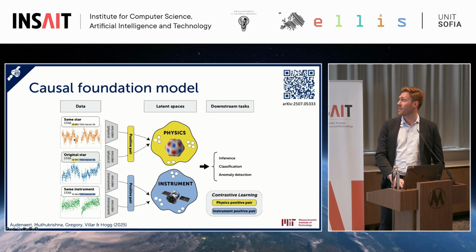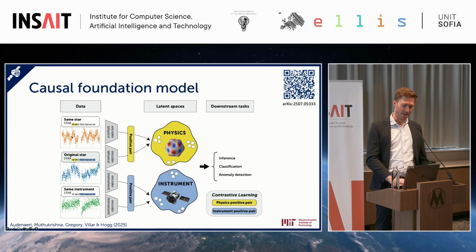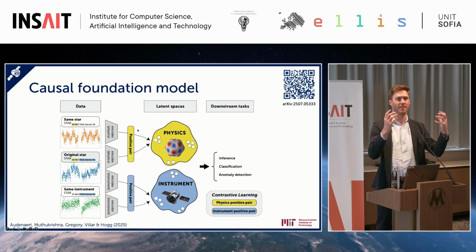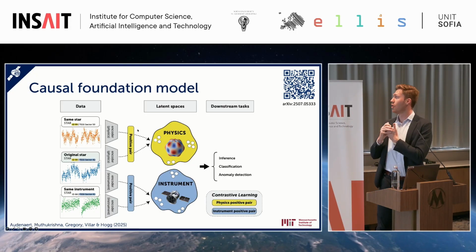For example, that same target observed in sector 50, or during that time window. And you can already see, although the signal looks similar, the instrumental differences are quite significant, right? Here you have this rising trend, while here it is very stable, because there was less scattered light, for example, in that sector. This is how we construct our physics space, by giving a lot of examples of that same target observed under different instrument conditions.